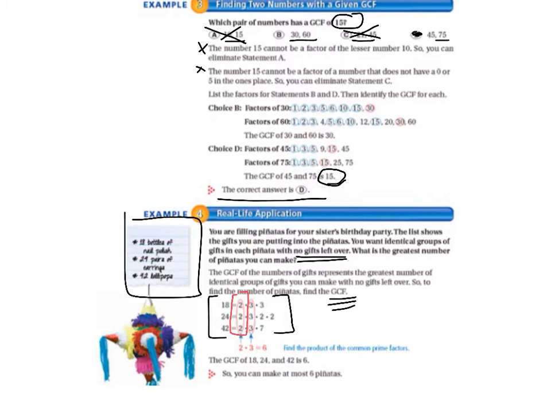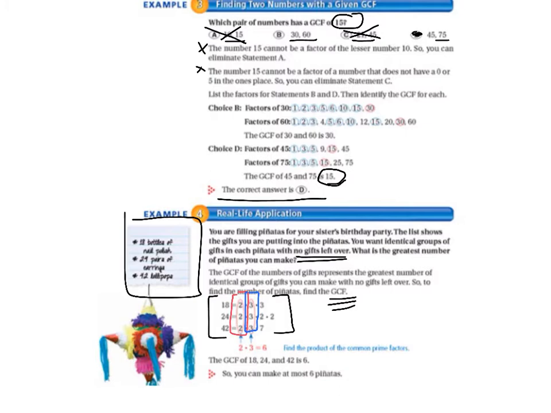And there's a 3 in all 3 of our prime factorizations. And there's a spare 3 up in 18, but it doesn't have a friend to match up with, so we can't count it. So there's a 2 in each of them, and there's a 3 in each of them.